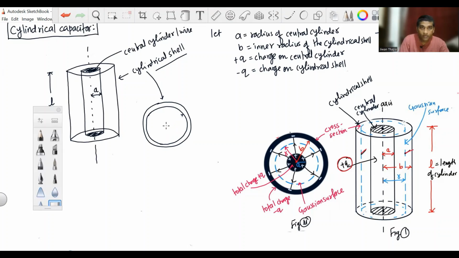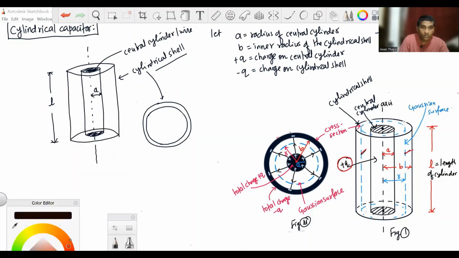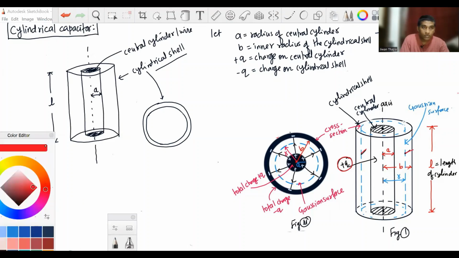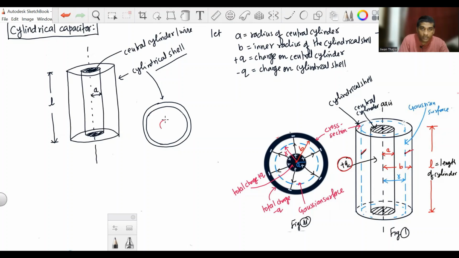So let me erase this. So this is the central cylinder. Let me draw this. So this is the central cylinder containing positive charge, and the inner surface of the cylindrical cell contains an equal amount of negative charge.